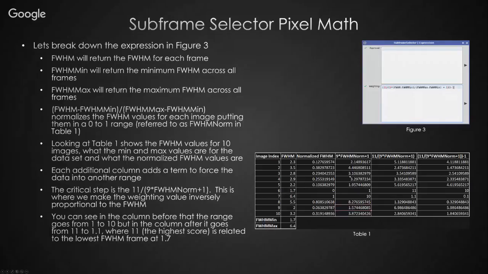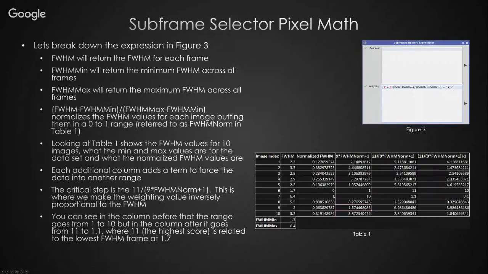So the next term after that is just adjusting it. In this case, I'm adjusting it into a 1 to 10 range. So you can see now that the maximum is 10 and the minimum is 1. And then the next step is inverting it. So you can see I do an 11 divided by that. If you look there, you'll see that the maximum is now 11 and the minimum is now 1.1.